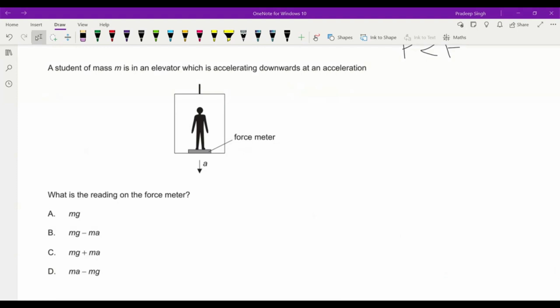Yeah, sir. Mg minus ma. Mg minus ma. What's the logic? From what we did earlier, if it's accelerating downwards, that means the force meter would show a lower value than mg. Correct. Good. That's the right logic.